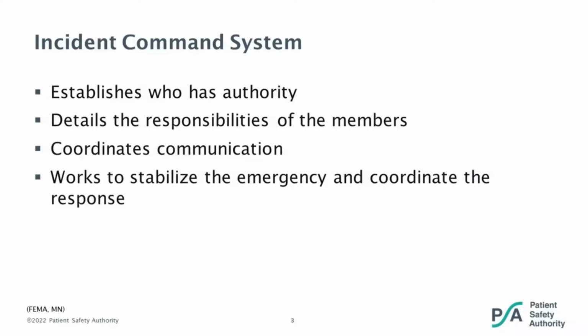This is done in an effort to protect life, property, and the environment. The incident command system establishes who has the authority or who's in charge. It details the responsibilities of the members of the team, coordinates communication both internally and externally, and works to stabilize the emergency and coordinate the response to it.